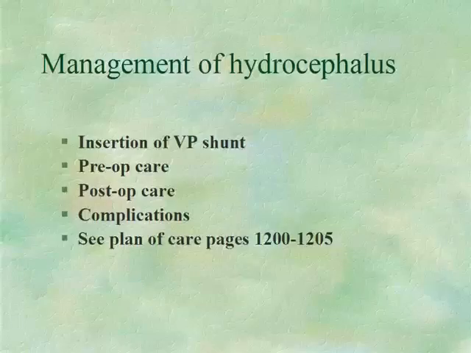Pre- and post-op care are included in that care plan you have starting on page 1200 and continuing through page 1205, so you can review that in your textbook. Some complications can occur when we put in a VP shunt. One thing to say, sometimes students will ask, does a child have that shunt for life?